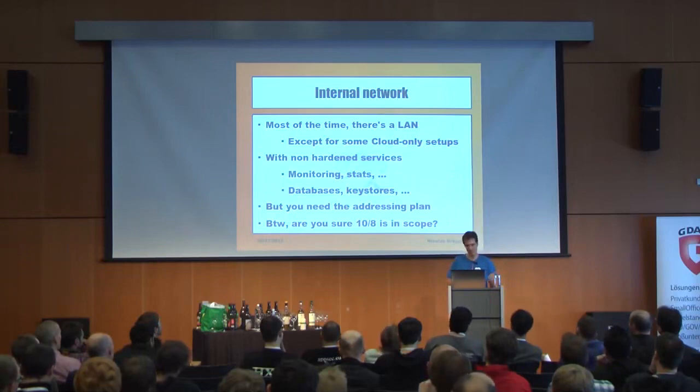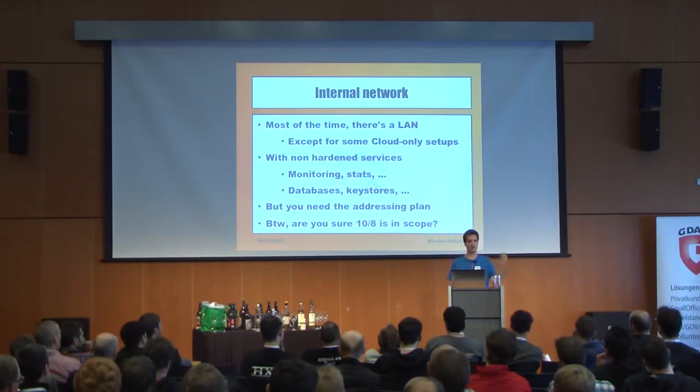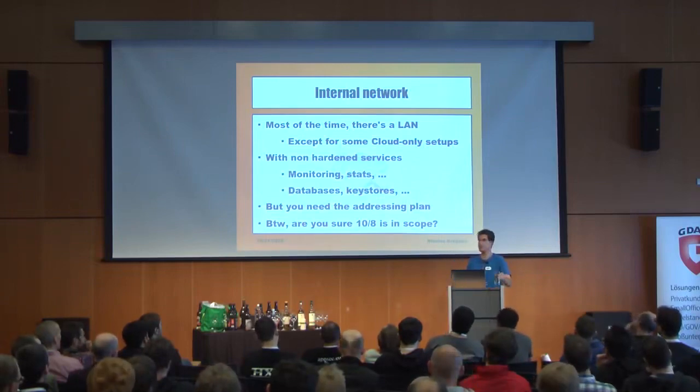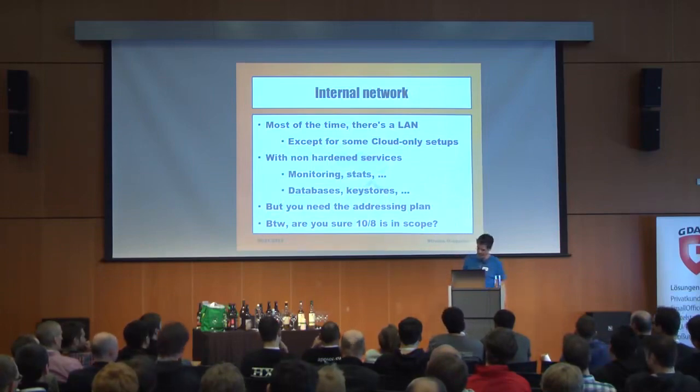And then I sent an email to GitHub, and the answer was, okay, you are hitting an internal network, but it is not our internal network, because the proxy is outsourced to Cloudflare. So in fact, I was scanning the internal network of Cloudflare. So they have Tomcat servers. If somebody from Cloudflare is here, I can give you details. So keep that in mind. You may not be in scope.